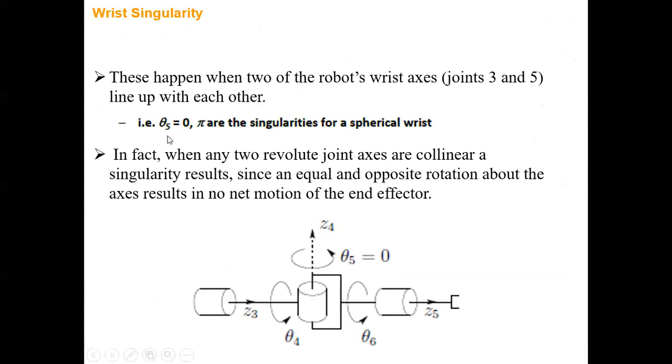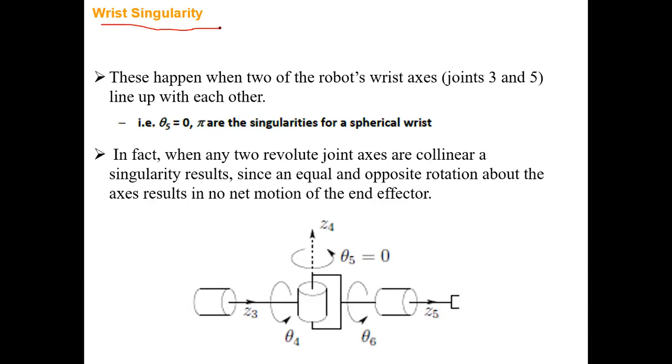You get negative sine theta 5 equals 0. It means theta 5 equals 0, pi, 2 pi, and so on. So that indicates the singular configuration for the wrist. In other words, we call it wrist singularity. That's how you find the wrist singularity.